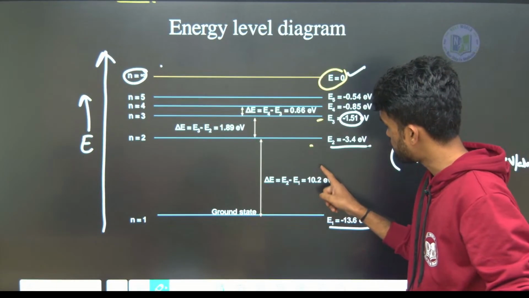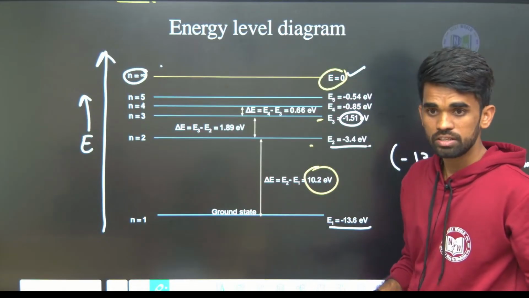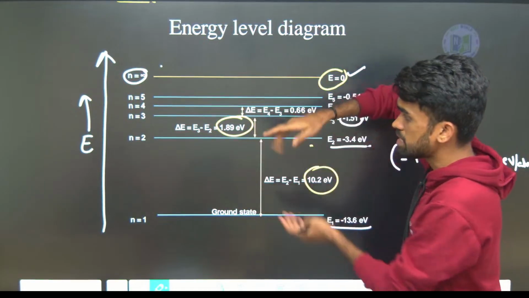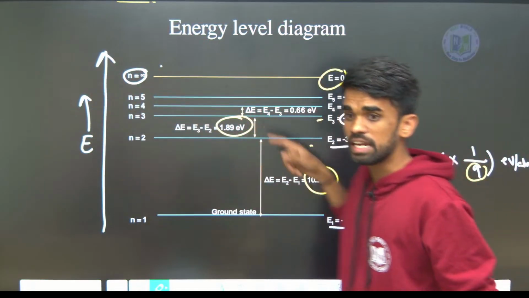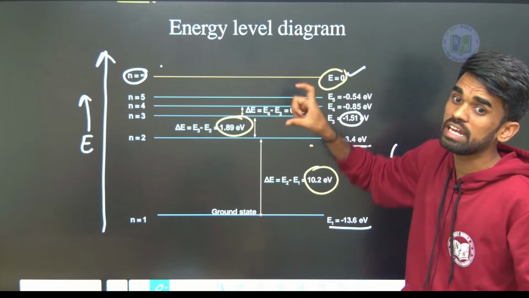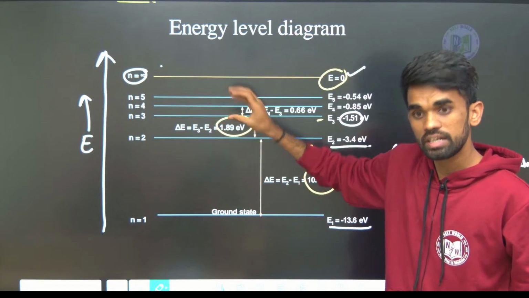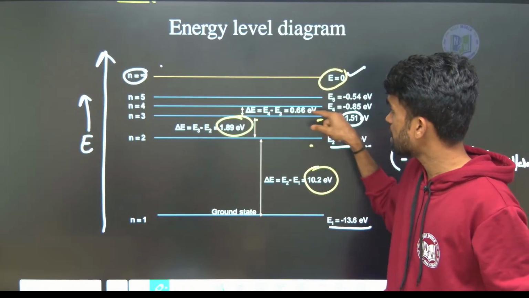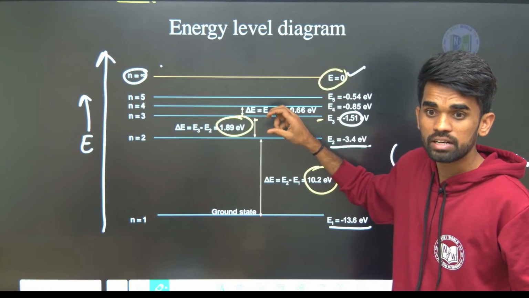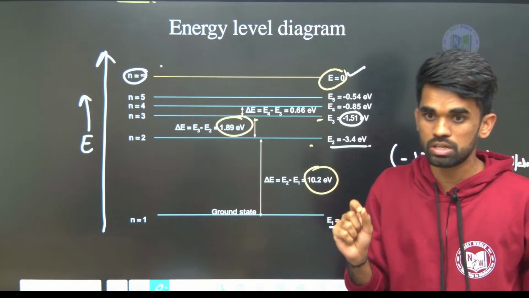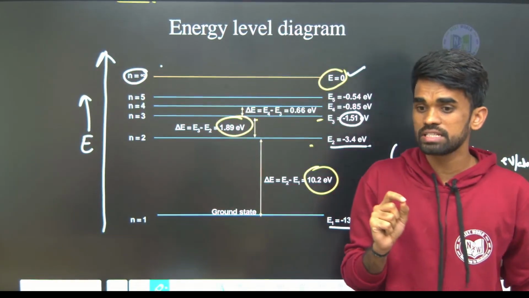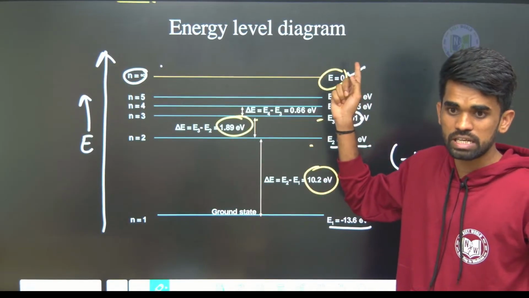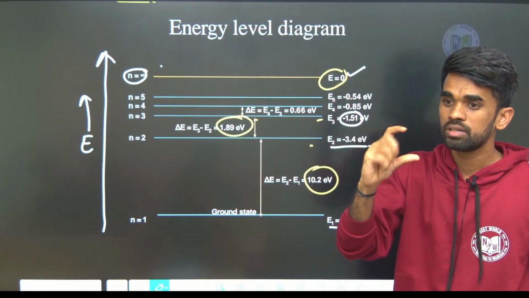The first difference is 10.2. The second difference is 1.89. So as n value increases, energy also increases, but the energy gap between levels decreases. This is a statement based question you can expect: as n value increases, energy levels also increase, but the energy gap decreases.